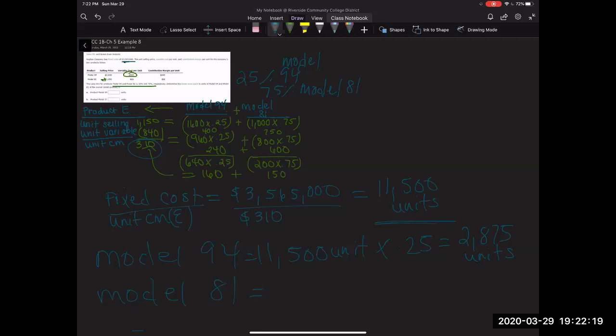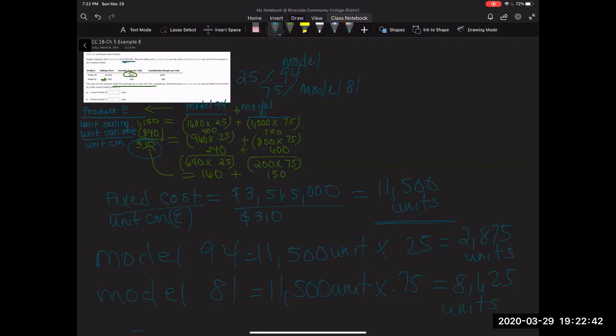Then we do the same thing for model number 81. We take the 11,500 units and multiply that times the 75% sales mix, and you should come up with 8,625 units.